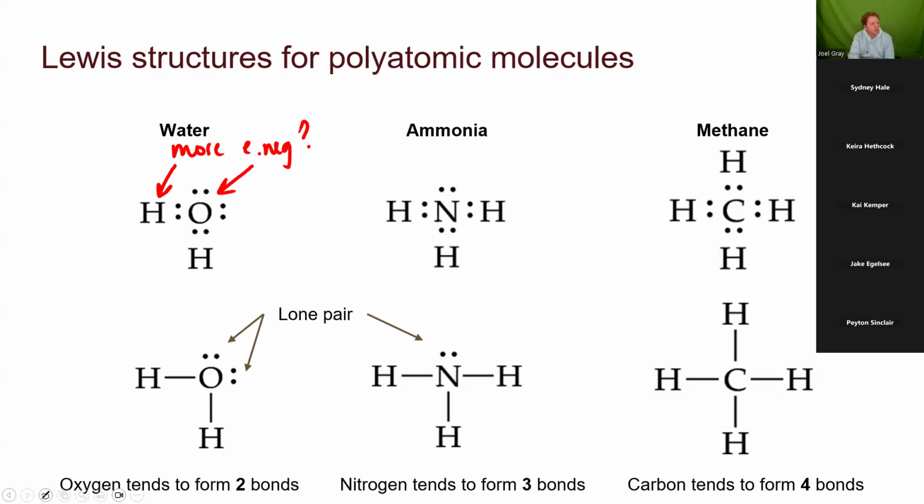So now, if we were to draw water, I'm going to give you two examples, A and B, and you tell me which one of those daggers is correct. A or B? Okay. So if you wanted to draw water, it would look a little bit more like this.